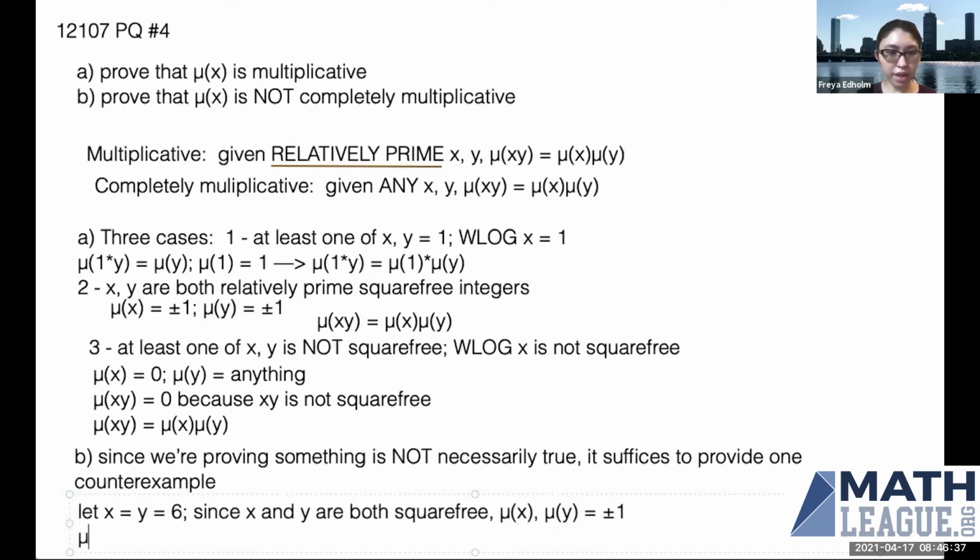However, mu of xy is equal to mu of 36, which we know is not square-free. So that's going to be equal to 0. And obviously 0 is not equal to plus or minus 1. So there we go.